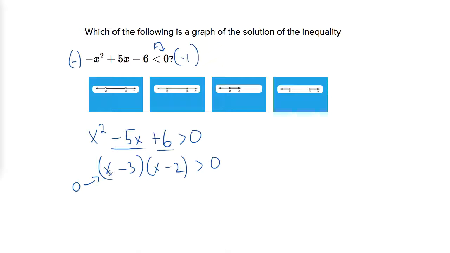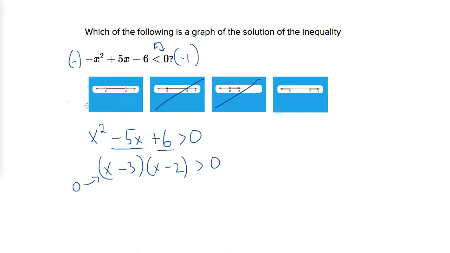So x can't be 3, and similarly x can't be 2. So that means we can rule out a couple answer choices here. We can rule out the middle answer choices because these have a closed dot on the 2 and the 3, showing that x could equal 2 or 3, which it cannot. So we can rule those out.